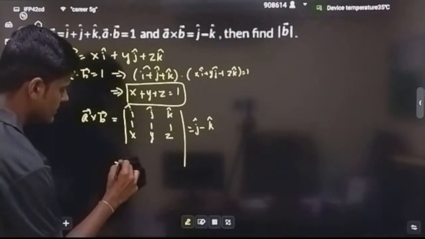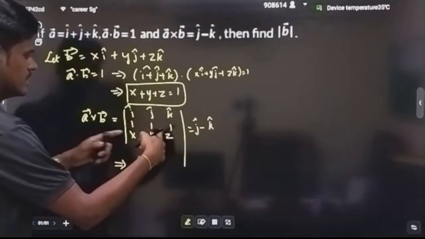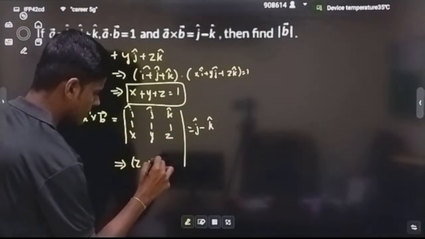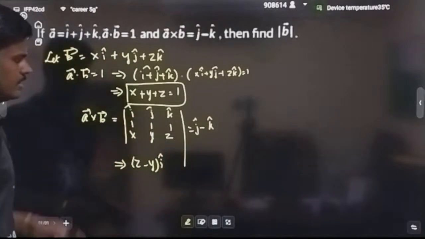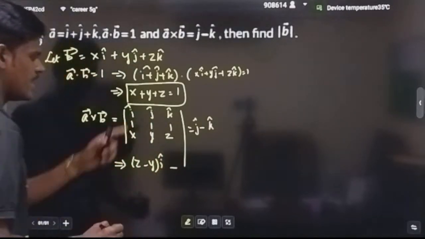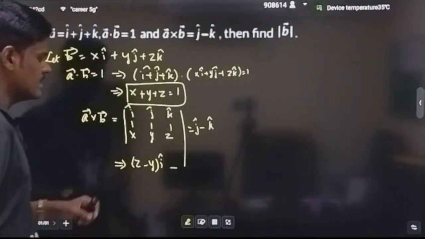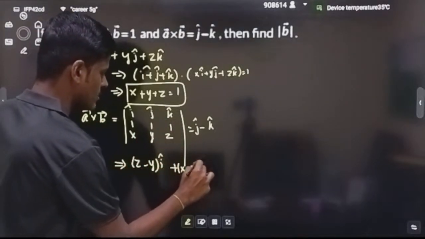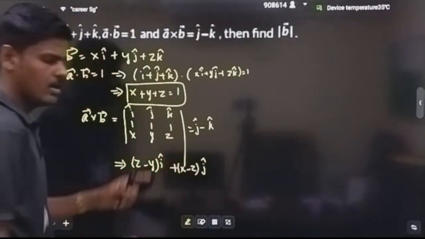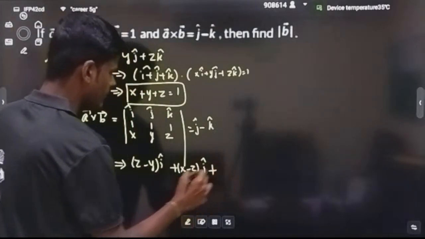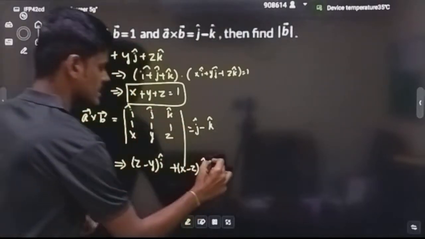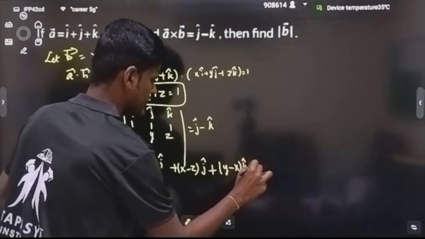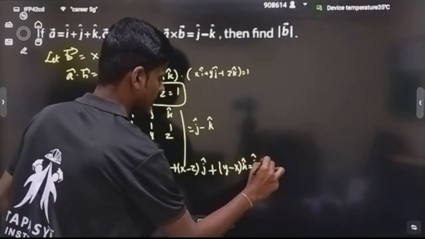Which means here we will get z minus y into i cap, then minus of j cap into z minus x. That means we will get x minus z into j cap. Next plus k cap into y minus x, equal to j cap minus k cap.